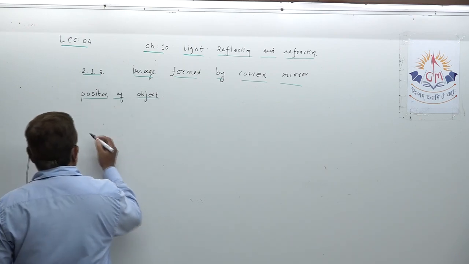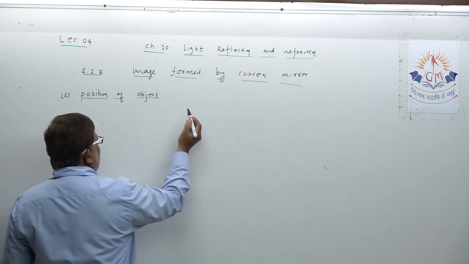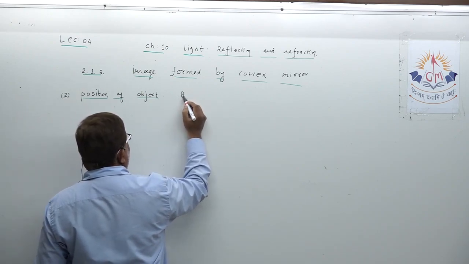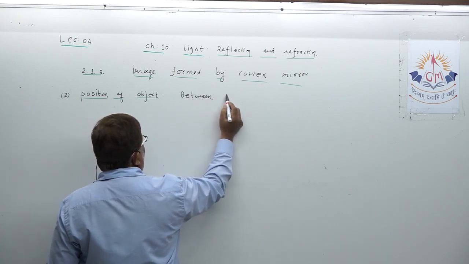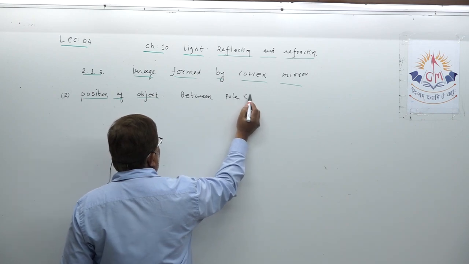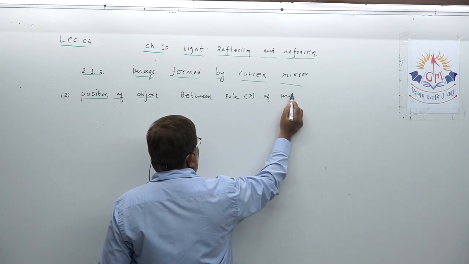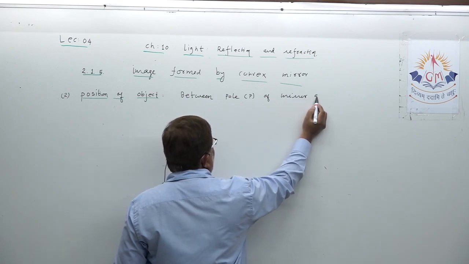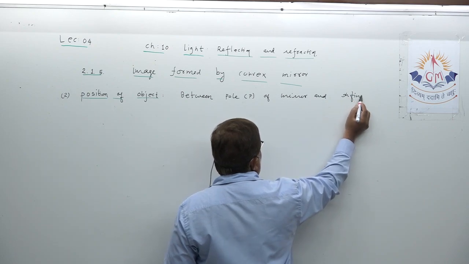So I must say the second position of the object, it has been written in the material also, between pole, that is P, of the mirror, between pole of the mirror and infinity.